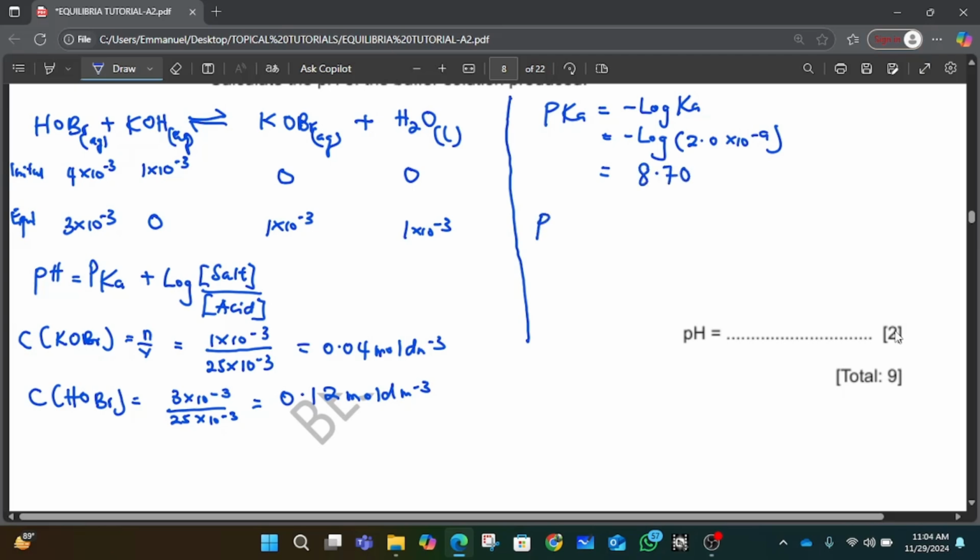So our pH is equal to the pKa, which is 8.70, plus log concentration of the salt, and the concentration of the salt is 0.04 divided by the concentration of the acid, which is 0.12, and so the pH gives us 8.22.